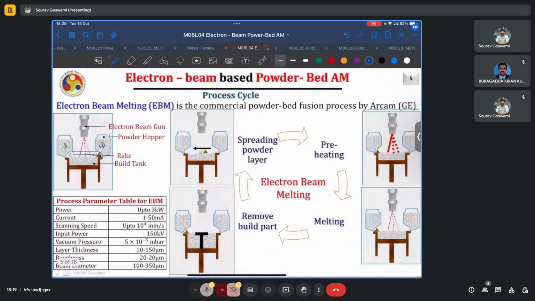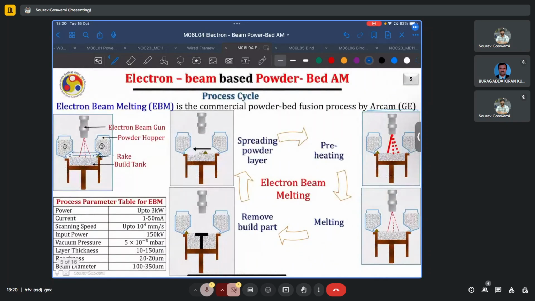In terms of the typical process parameters, especially in the context of machines developed by Arcam, the powers have been used up to 3 kilowatts or 3000 watts. So, in fact, this is less than what is available for laser beam based powder bed AM machines because those can go up to 10 kilowatts, and encountering machines with 3 or 4 kilowatts is really common.